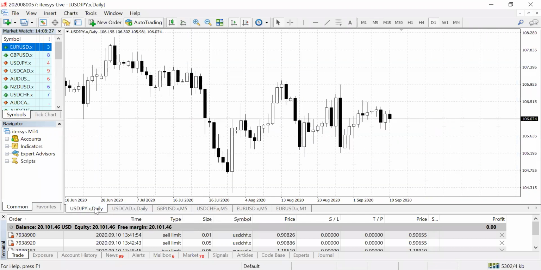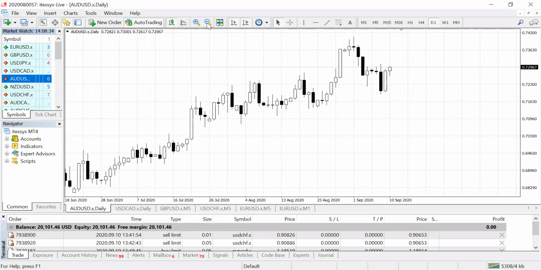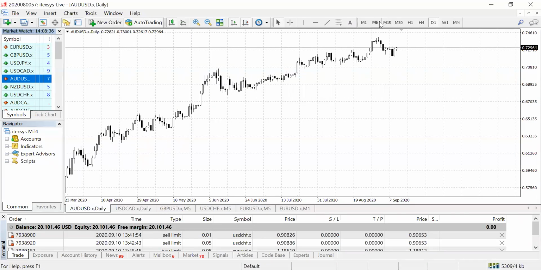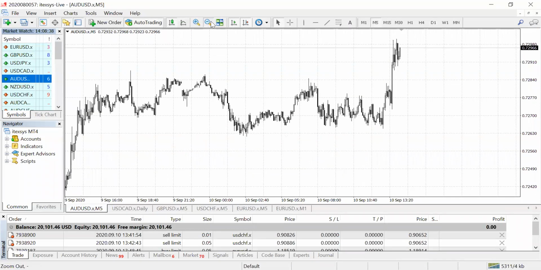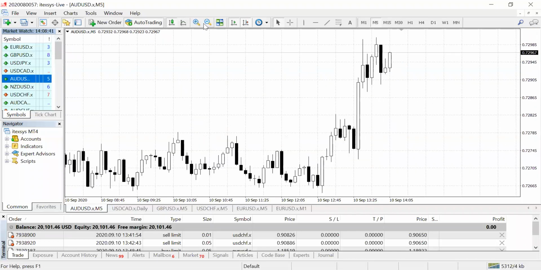I can't really see anything else on other charts. What's going on with the Australian? Yeah, I guess we have the same setup on all charts.